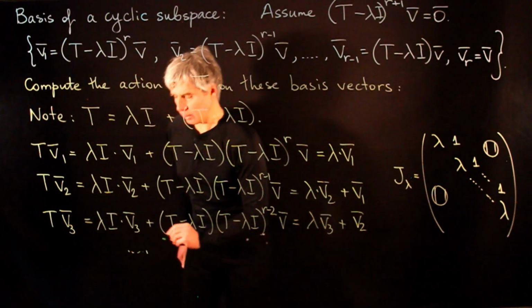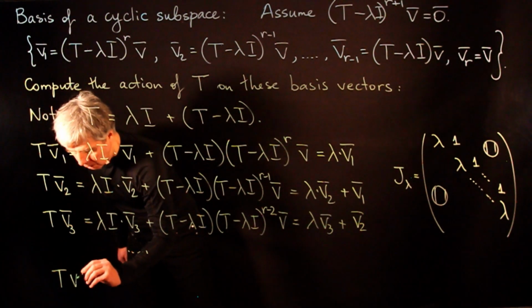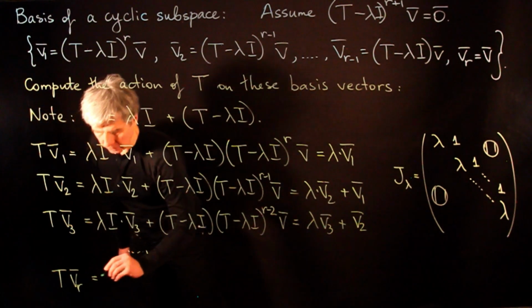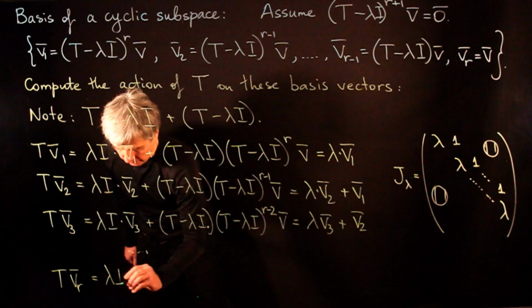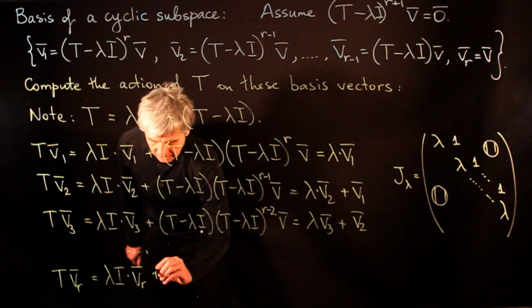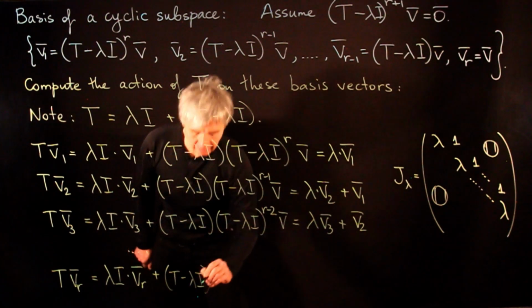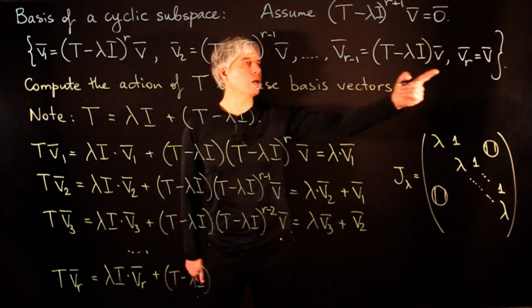And so on. So when we apply T to the vector v_r, this is lambda I applied to v_r plus (T minus lambda I) acting on v_r, but v_r is just v.